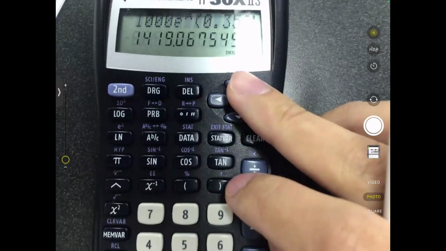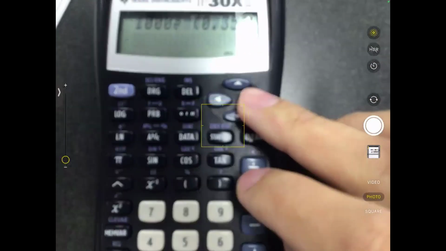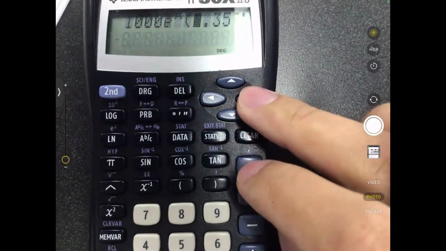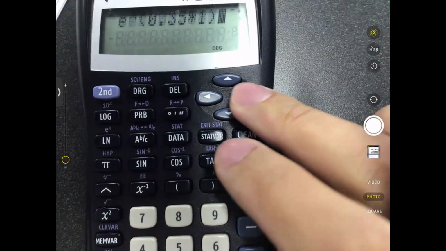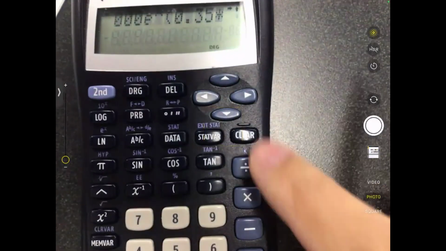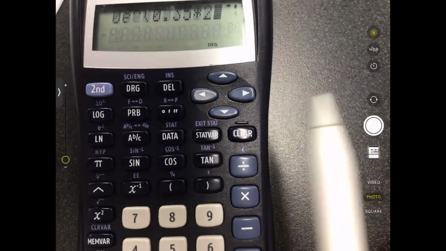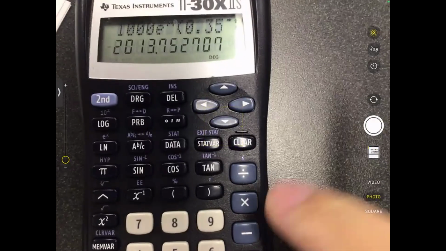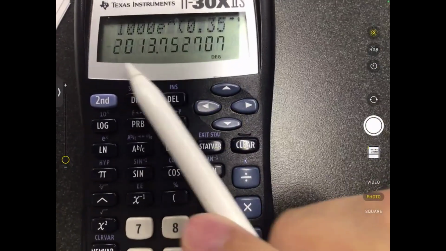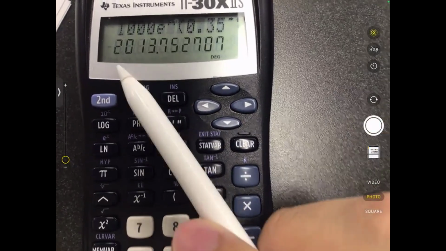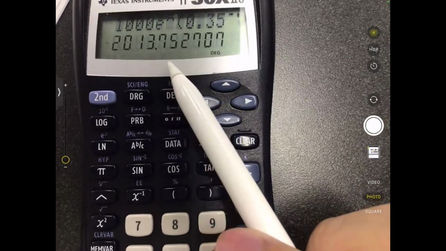And then the second half of this question is, what about after 2 years instead? The principal stays the same, the interest rate stays the same, but instead of t being 1, we'll make t 2. After 2 years, the balance would be $2,013.75.